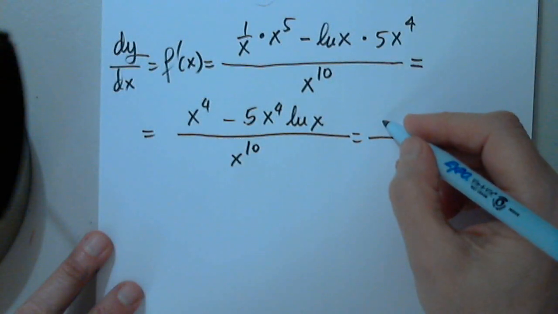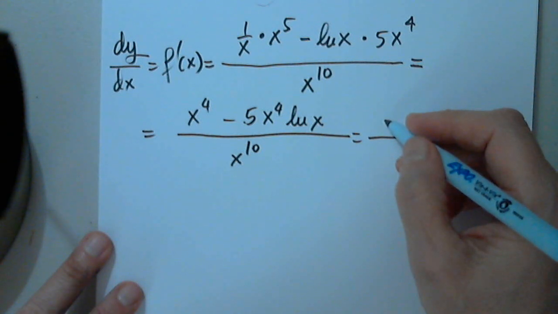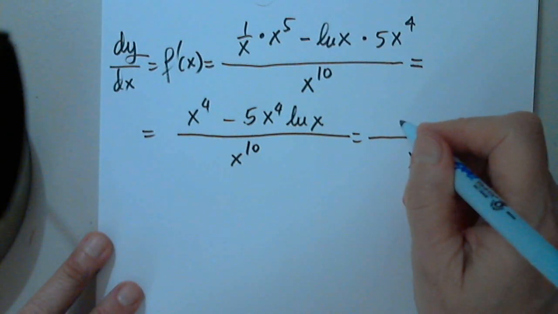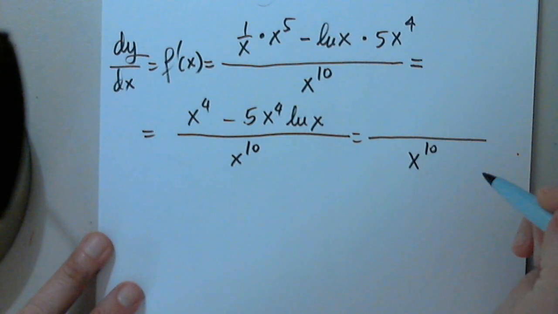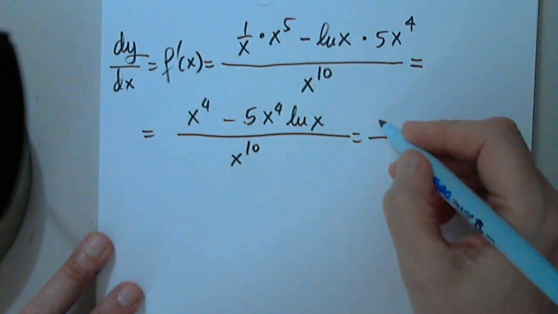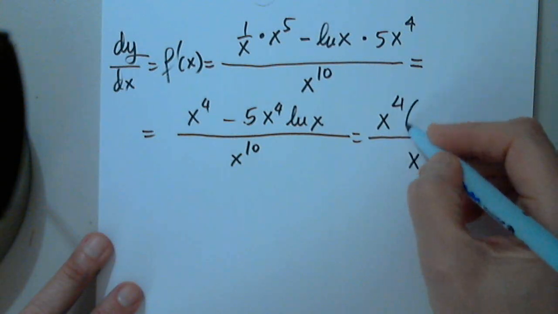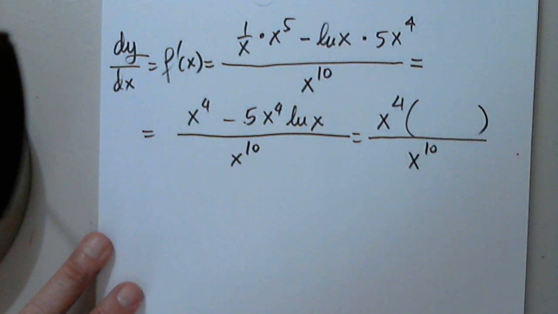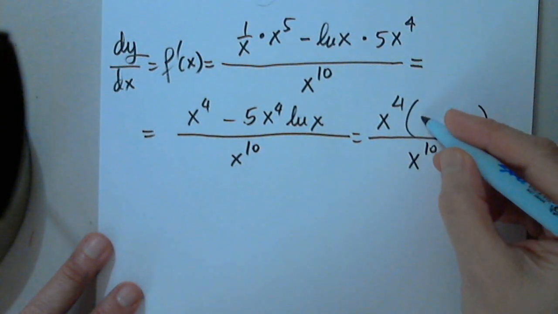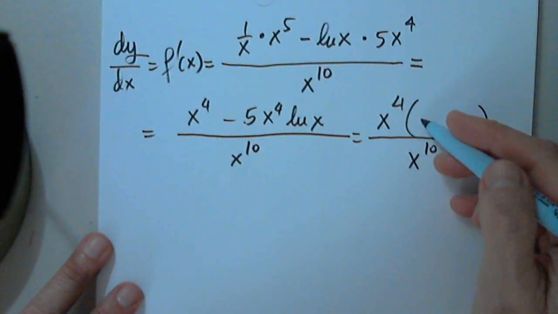What will you factor out? X to the 4th. Very good. That's it. What do we have left in parentheses?